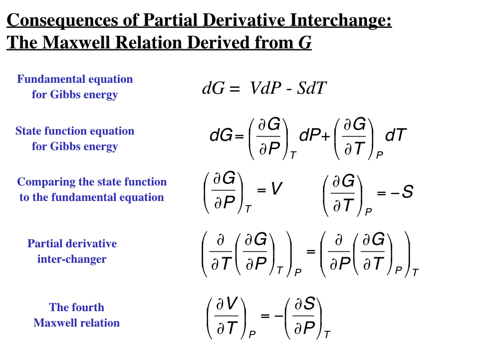And G is defined as H minus TS. So dG is dH minus TdS minus SdT. And if you stick in the definition of dH, which we saw on the previous slide was TdS plus VdP, we get the dG from the combination of the first and second law: VdP minus SdT.